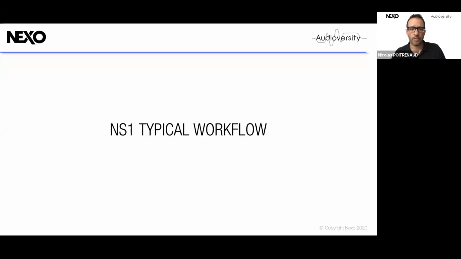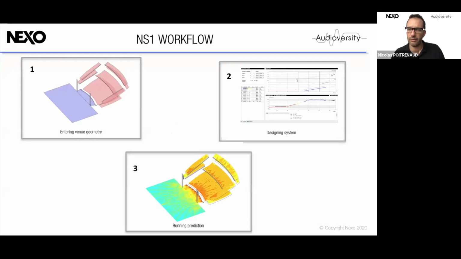NS-1 is typically organized in a workflow of 3 different steps. The first step is the venue geometry creation. Once again, NS-1 deals only with direct sound, so what we have to do is simply build the audience areas.